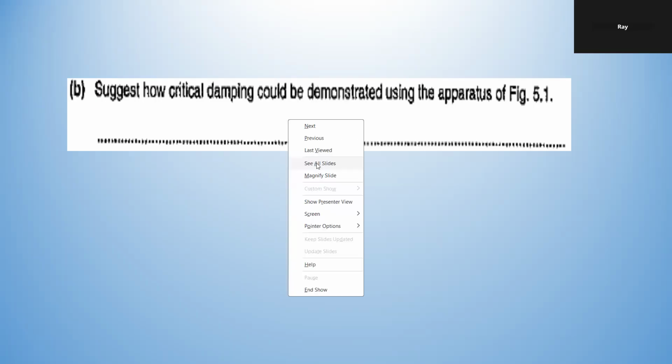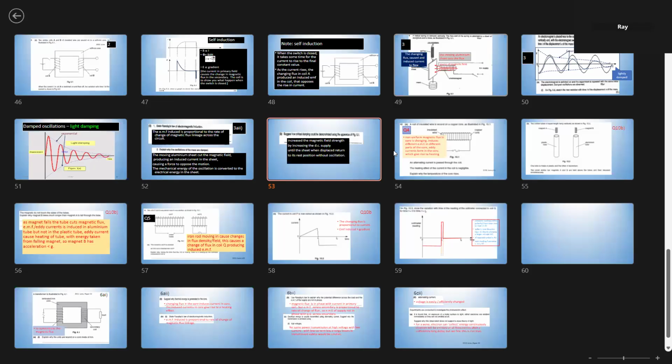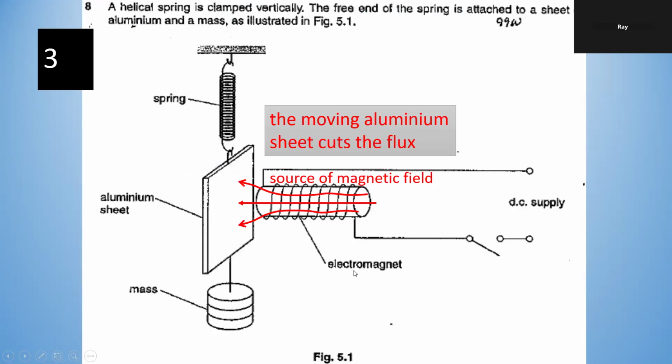Suggest how critical damping could be demonstrated using the apparatus of figure 5.1. You can see the apparatus. How to have critical damping?